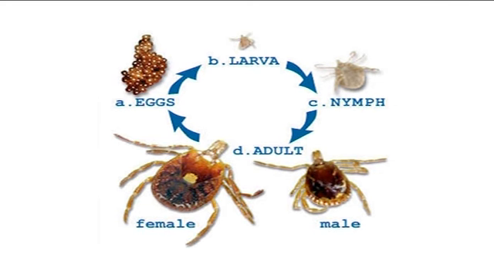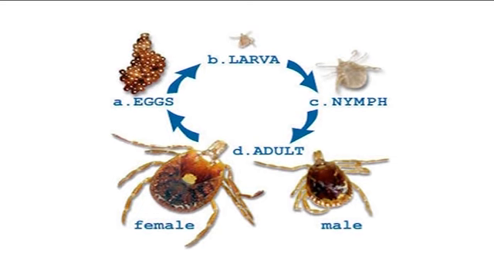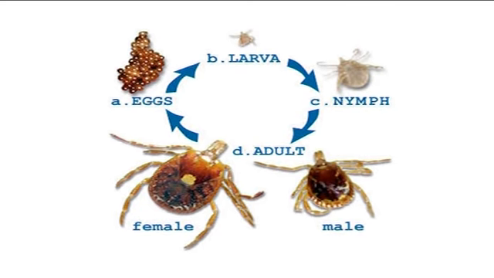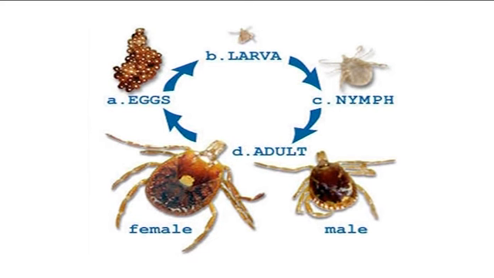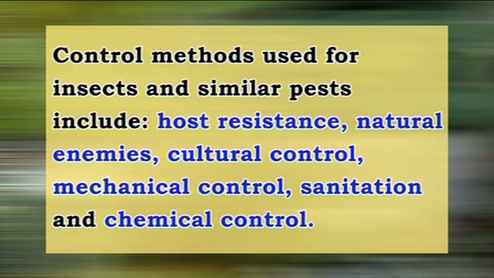The early larval or nymphal stages, when the insects are small, active, and vulnerable, is when you usually can achieve the best control. Control methods used for insects and similar pests include host resistance, natural enemies, cultural control, mechanical control, sanitation, and chemical control.